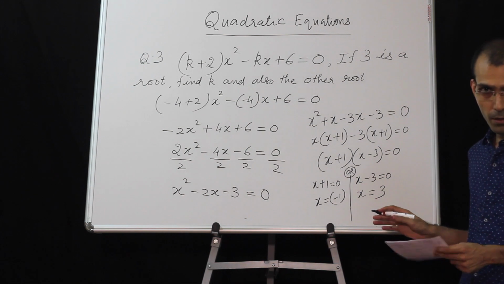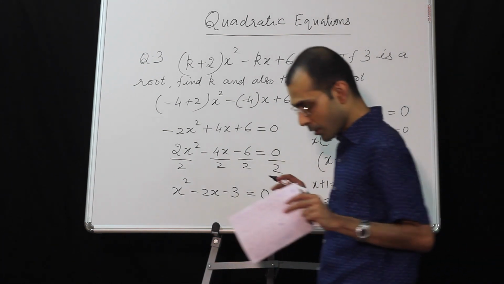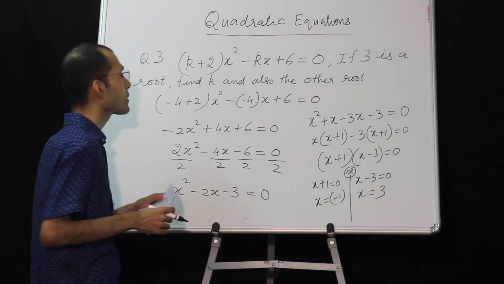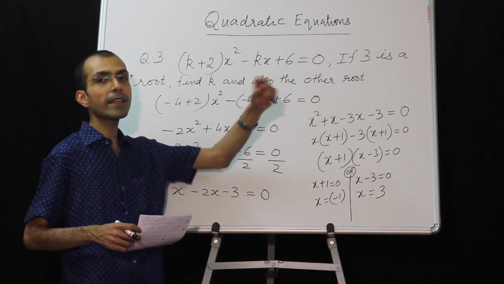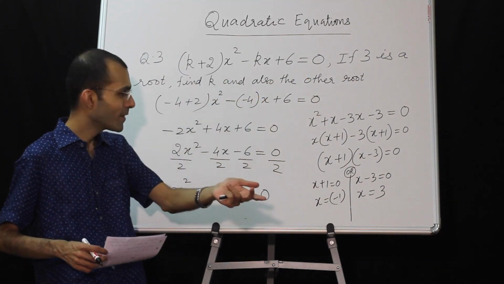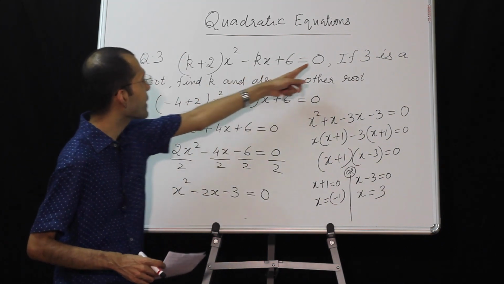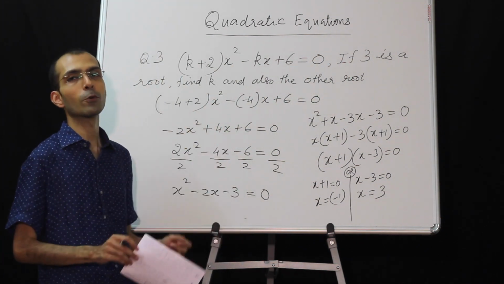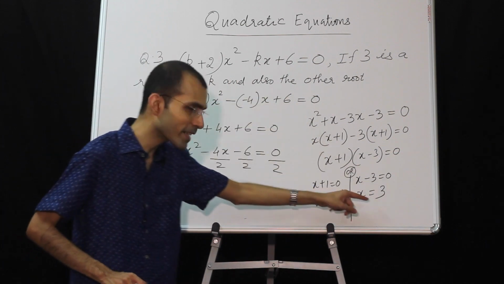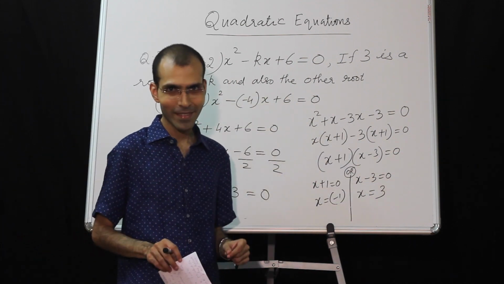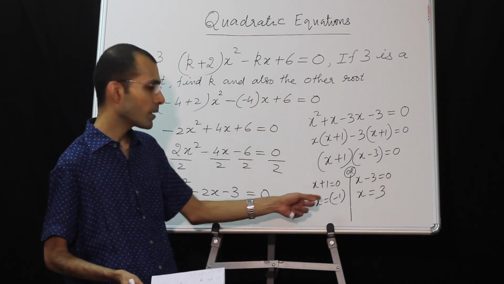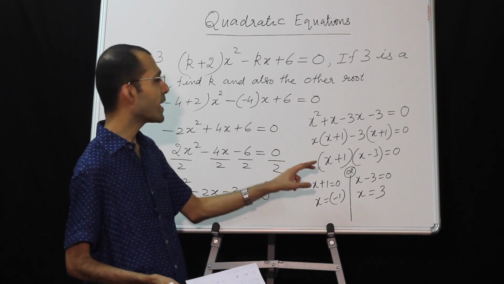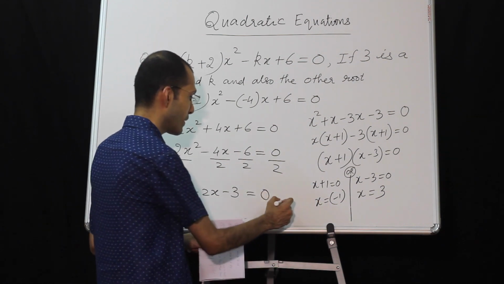Is the sum over? No. What had the question asked us? And also find the other root. 3 was already given to be a root, which has now been reflected in our solution. So which is the other root? Minus 1. So we will have to write that statement.